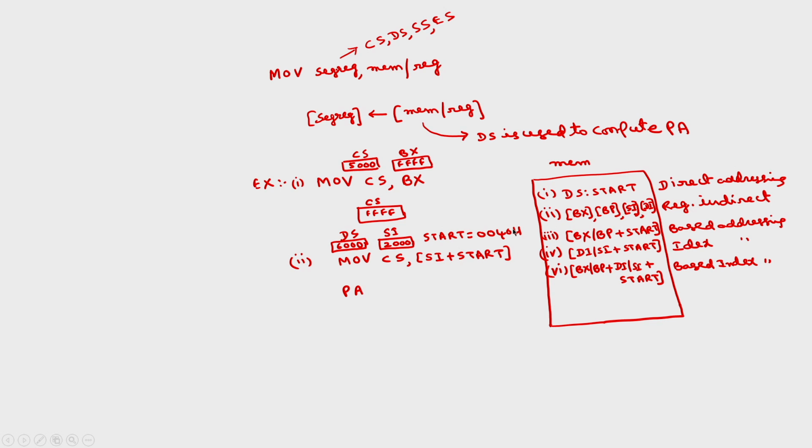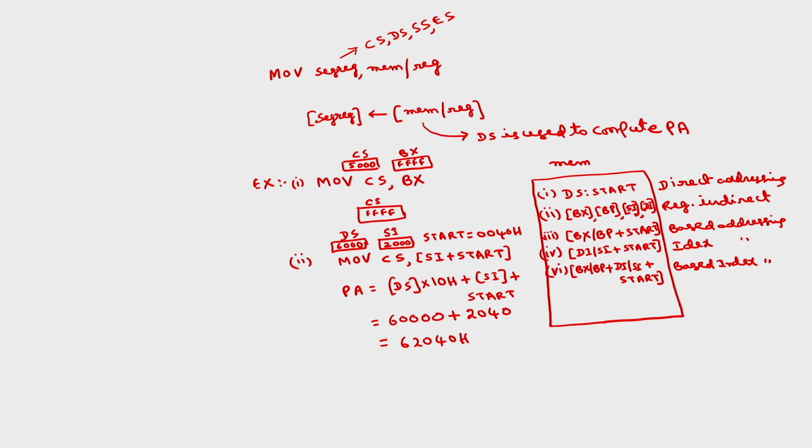Then the physical address will be, as we know, DS into 10H plus SI contents plus start. So, this will be 60,000 plus 2040. This is 62,040H.